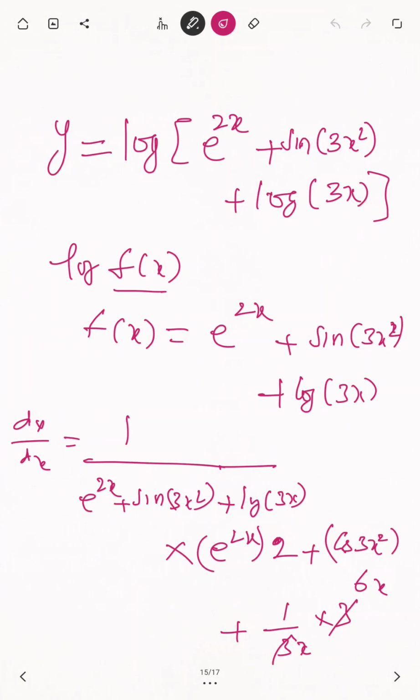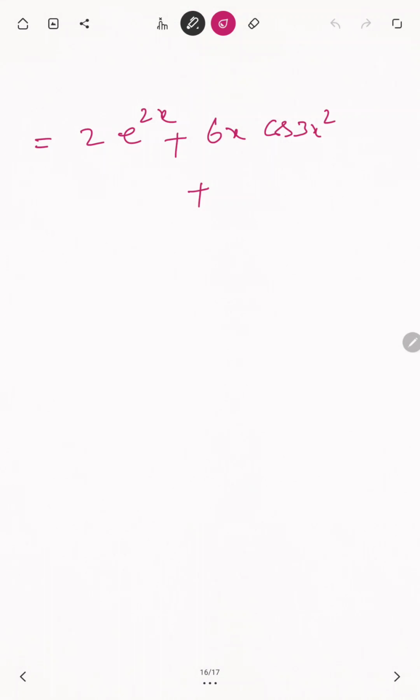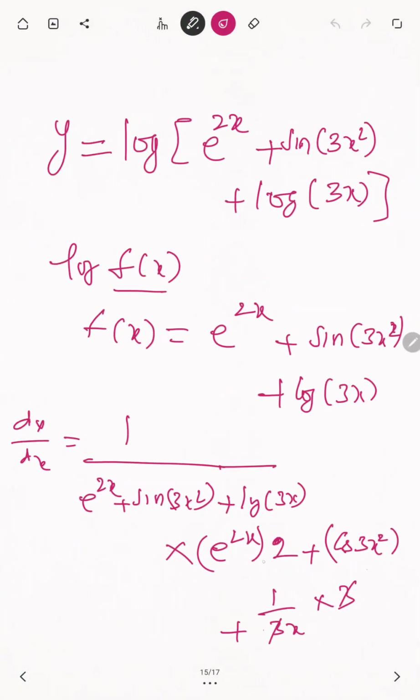The 3 gets cancelled, and actually, one minute, this part I am erasing. This is actually log 3x, 1 by 3x into 3. The 3 gets cancelled, only x remains. Now see, what is the numerator part? 2 into e power 2x.